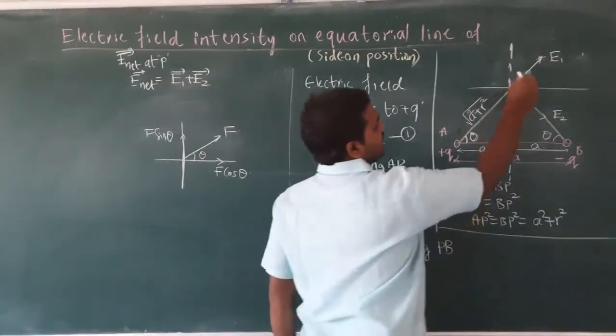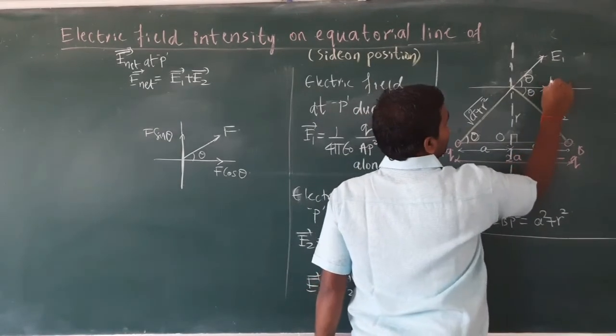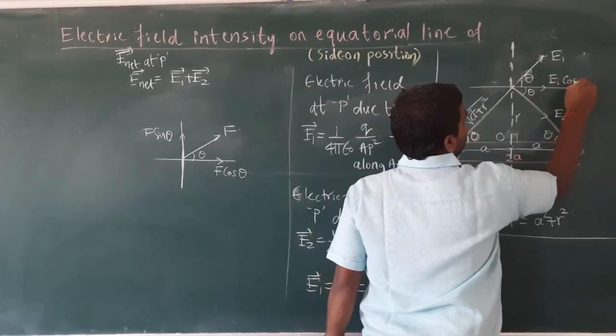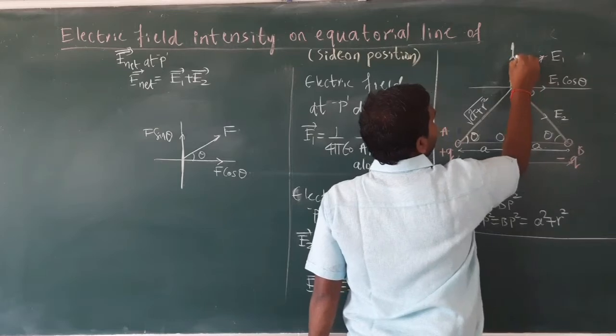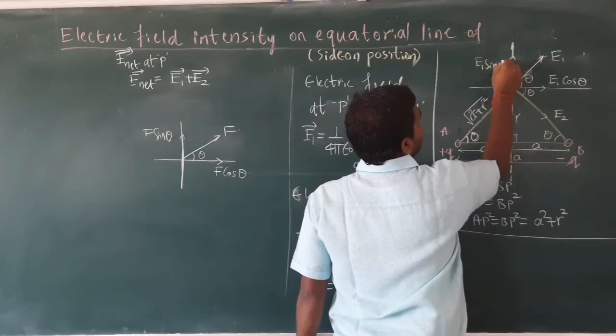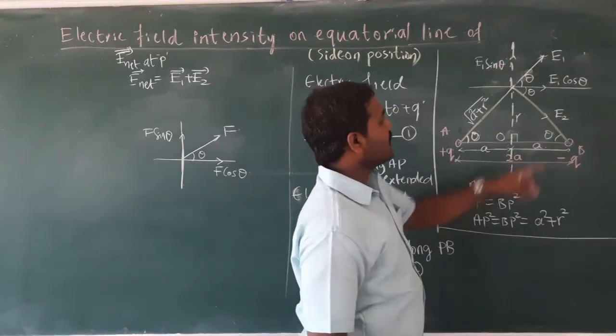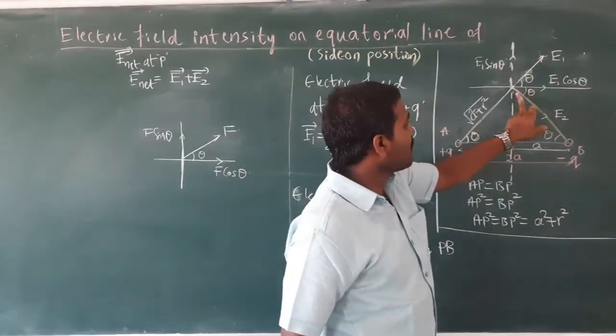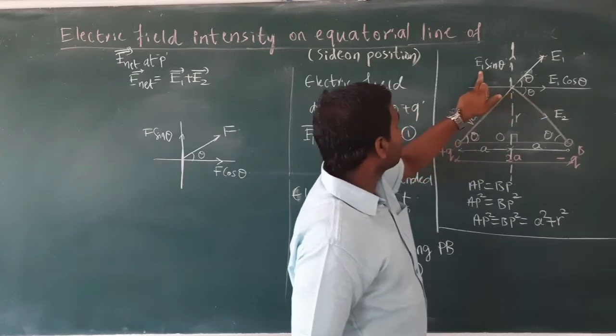So let us resolve this E1. The horizontal component of this E1 I write as E1 cos theta, and the vertical component I write as E1 sin theta.